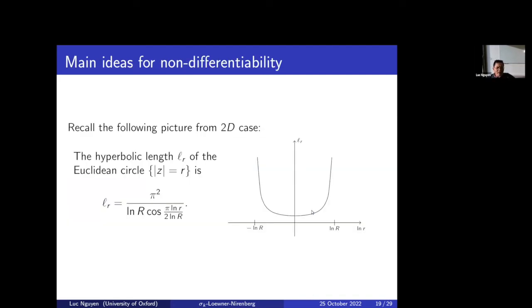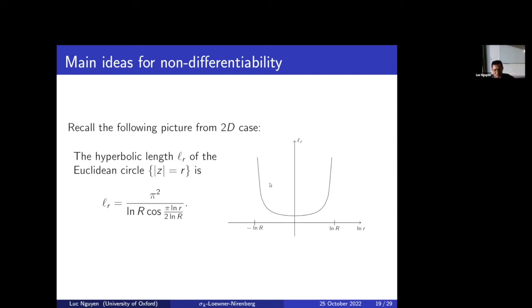So let me explain something about the idea of the proof. Maybe it's good to remind ourselves of the picture in the 2-dimensional setting. This is the picture that we drew for the length of the Euclidean circle with respect to the hyperbolic metric on an annulus.